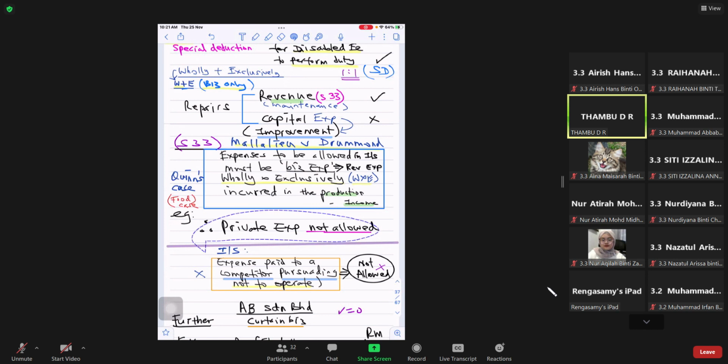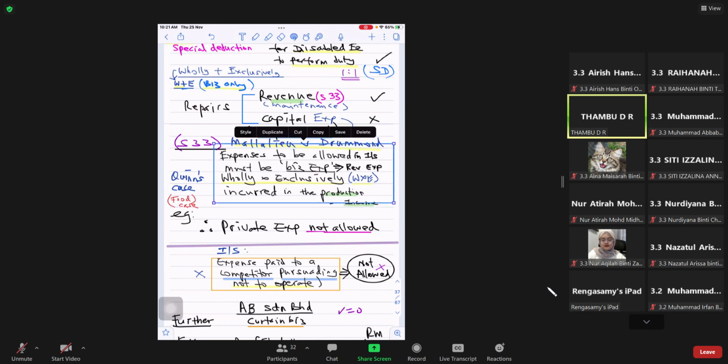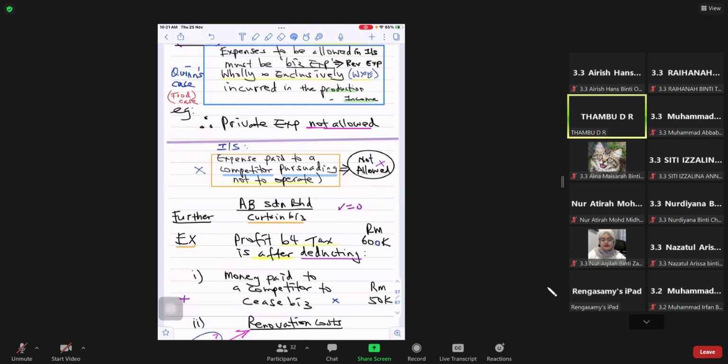What is the meter reading from 8 to 5? After that, what is the meter reading for non-business? We can split your expenses. There is a method to split because there is a guide to split the meter. This one, there is a guide. This case has no guide. So therefore not allowed.